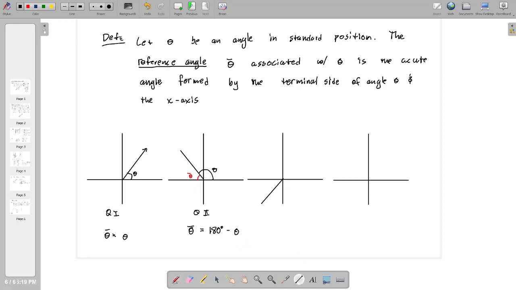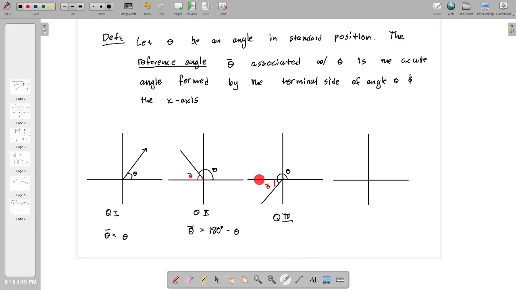Now, if we're in quadrant 3, then our angle looks like this. This is theta. Now, our theta bar, again, is the acute angle formed from the x-axis and the terminal side of theta. So this would be theta bar. So, how do we figure out what theta bar is?